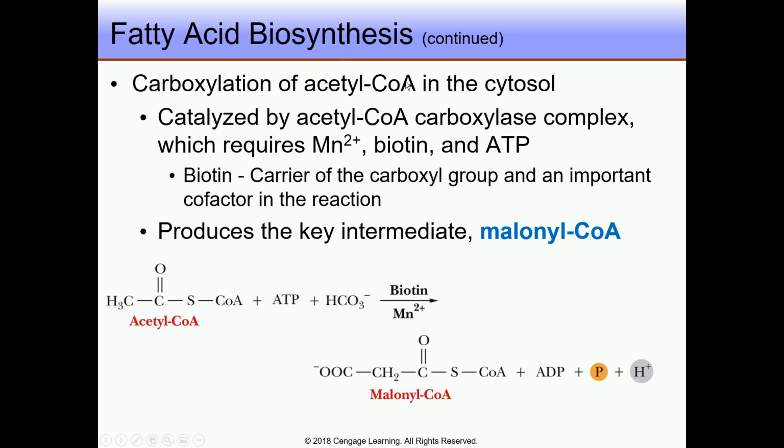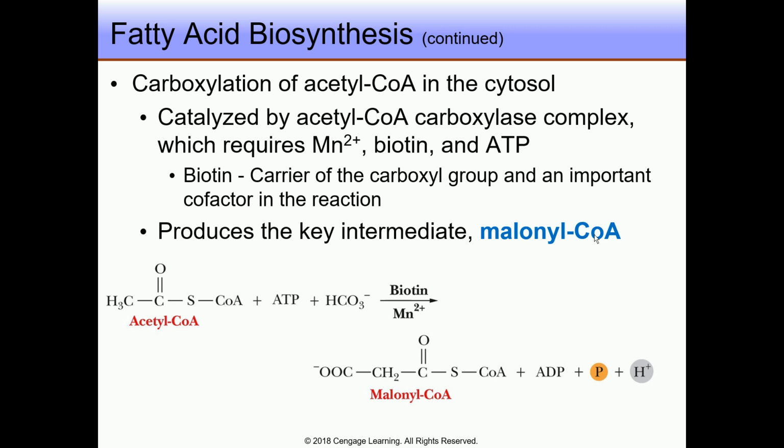This takes place with the help of the enzyme acetyl coenzyme A carboxylase, and this enzyme requires manganese, biotin and ATP. What is biotin? It's a carrier of carboxyl group and an important cofactor in the reaction.